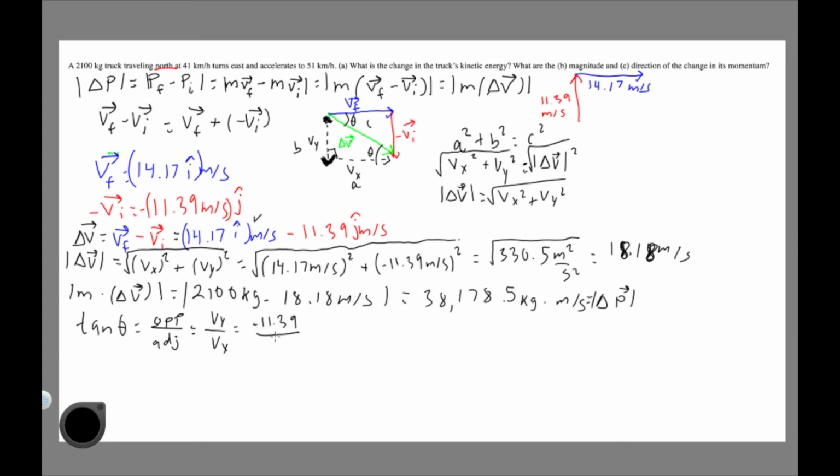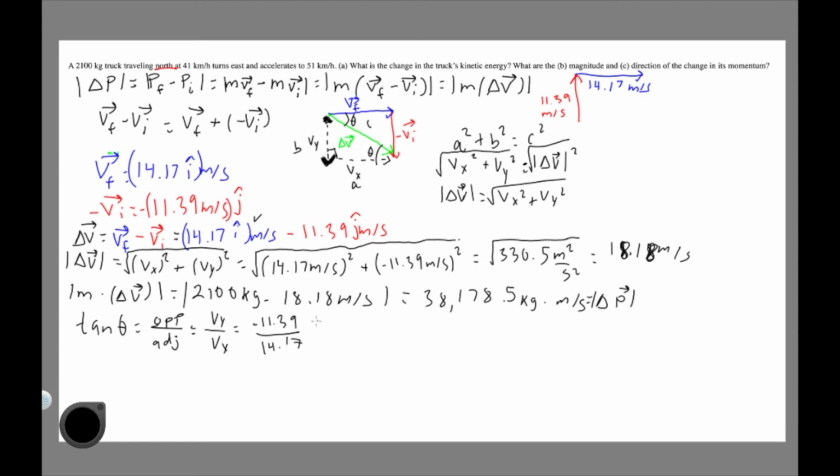And we know that Vx is going to be the exact same as Vf, the final velocity, which is going to be 14.17.